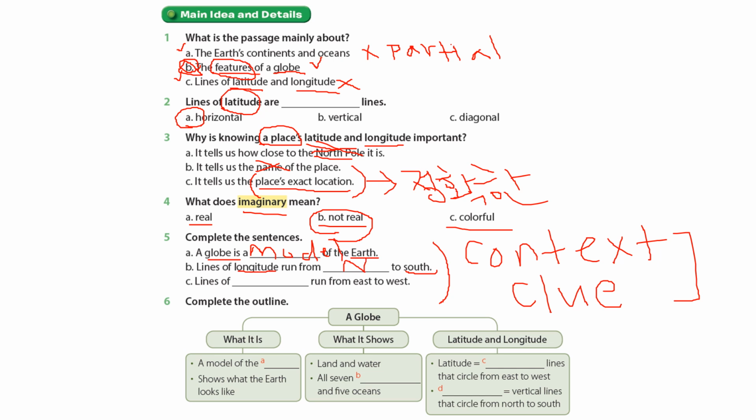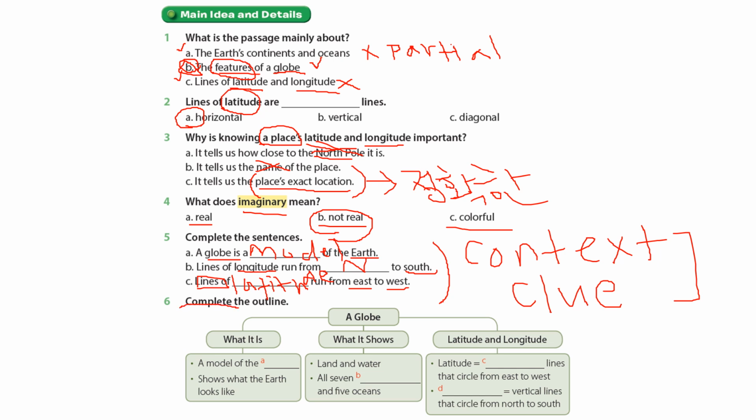Because we can't go from east to south. 이상하잖아요, right? Then what about C? Lines of blank run from east to west. So if we have lines of longitude here, then this must be the lines of latitude. Nice. Okay, so let's write those down.